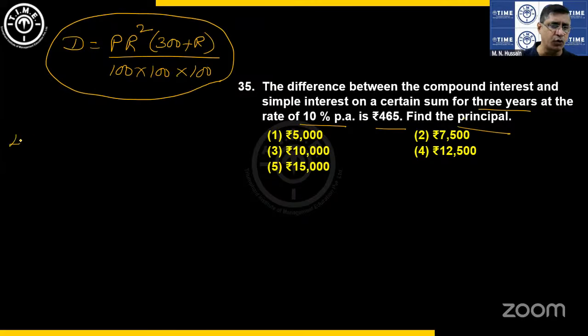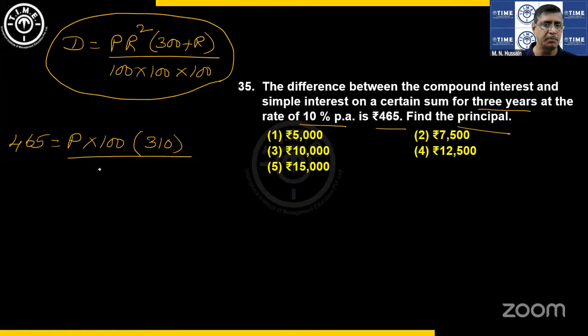Difference is given, that is 465. The value of P to be found. R is 10%. 10% means 10 square. So 300 plus 10, that is 310, by 100 into 100 into 100.